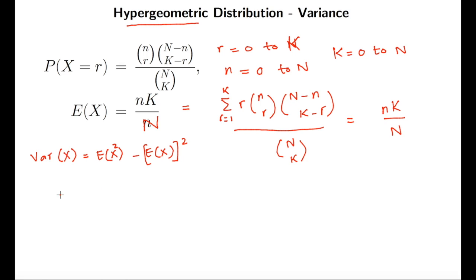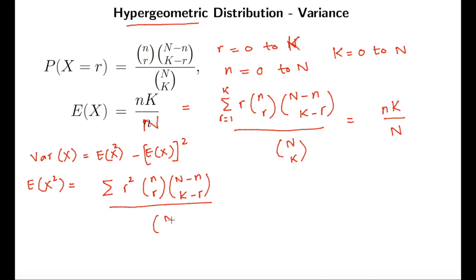So now let's use the definition and start doing the second moment. So then this guy is equal to what? We have r squared, m choose r, n minus m choose k minus r, divided by n choose k.